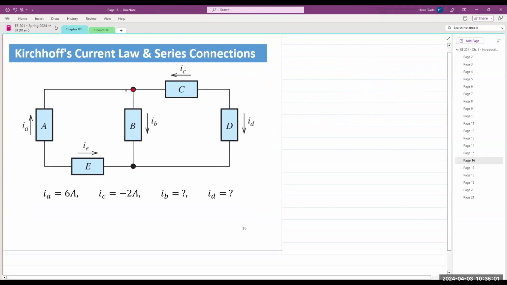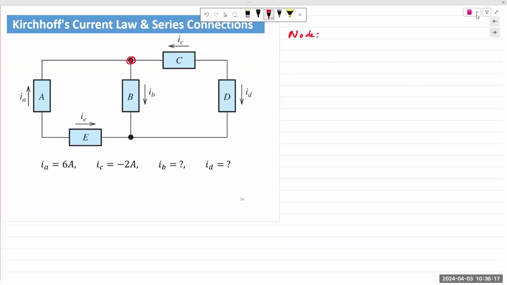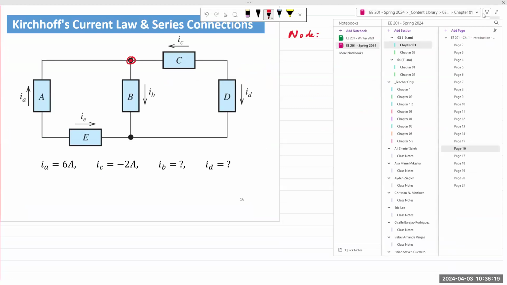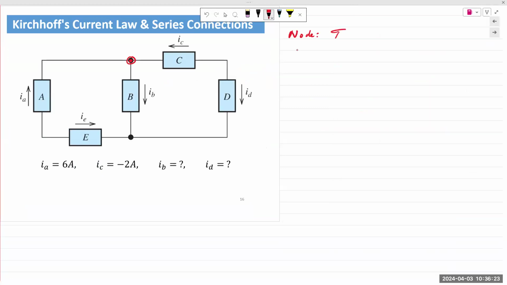Let's start with this. What is this called? It's a dot, it's a point. It's a junction. Electrically speaking, it's a node. A node is any place in a circuit where two or more connections come together.